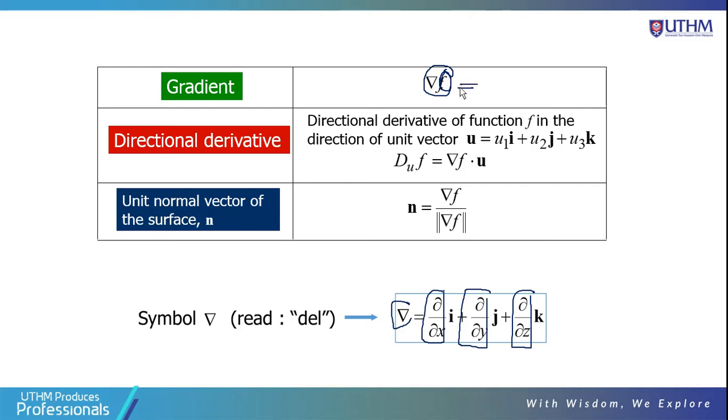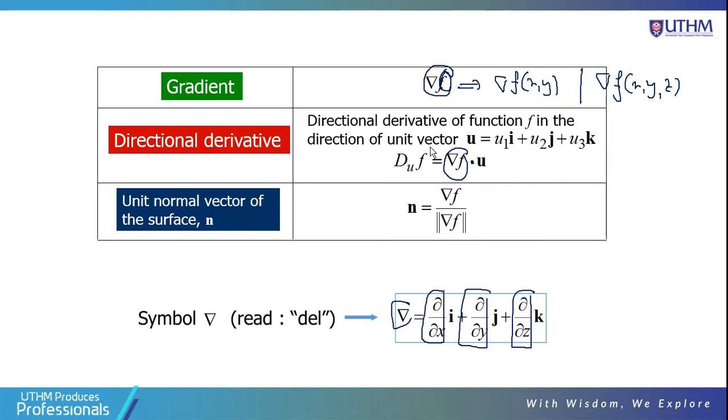In other words, we can write it as delta f of x, y, or delta f of x, y, z, depending on the question. Then for the directional derivative, you already have the answer delta f, and you dot it with u.